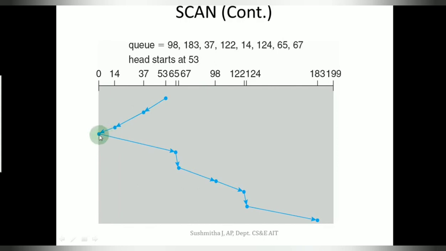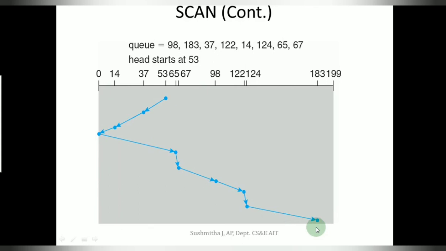Now again the read write head starts its movement from 0 to 199. On the way, it encounters the requests 65, and then 67, and then 98, and then 122, and then 124, and then finally 83.